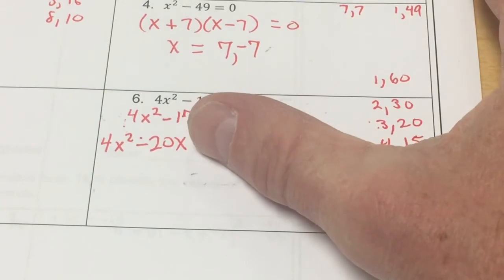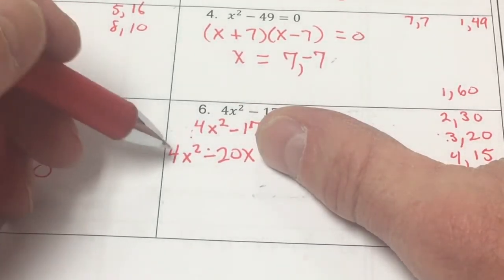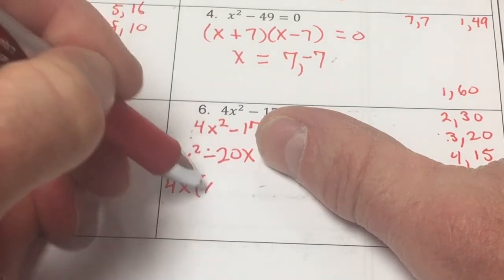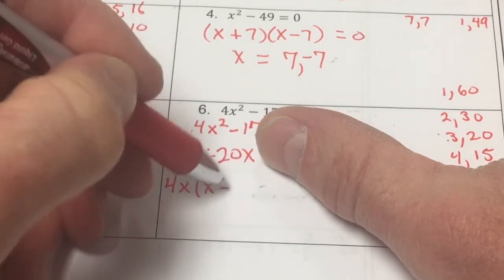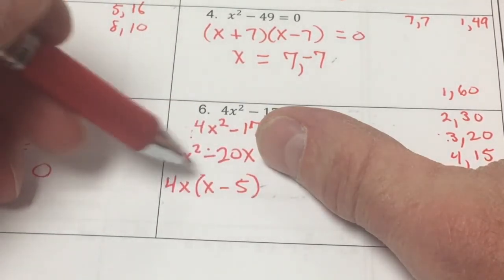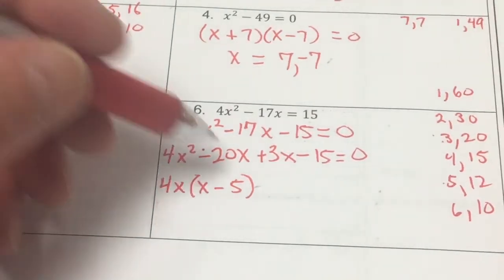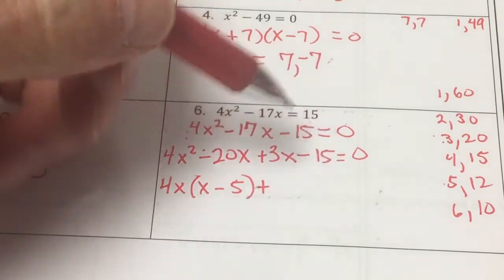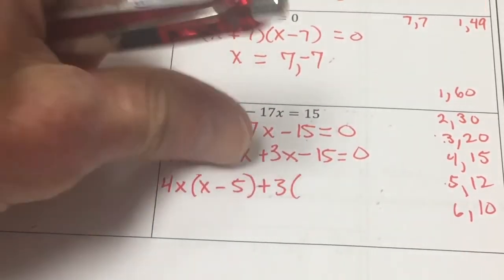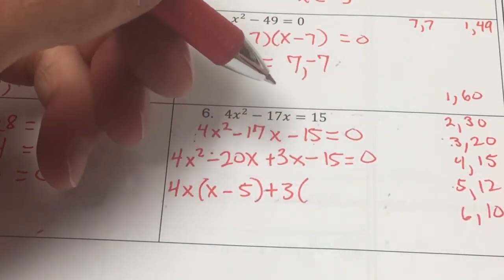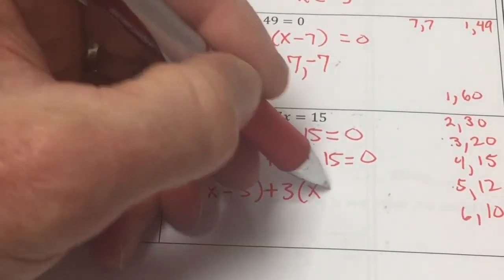Now we're going to look at just the first two terms to see what they have in common. And it looks like they both have 4x in common. And then this will be x minus 5. So 4 times 5 is 20. 4x times x is 4x squared. Then for the other two terms, it looks like they both divide by 3, looking at just the 3x minus 15 there. And then this will be x minus 5 also.